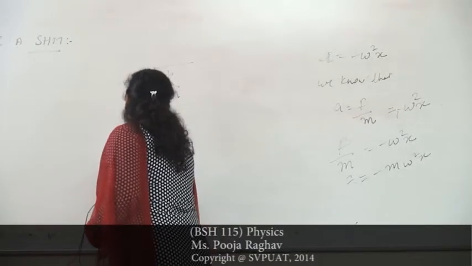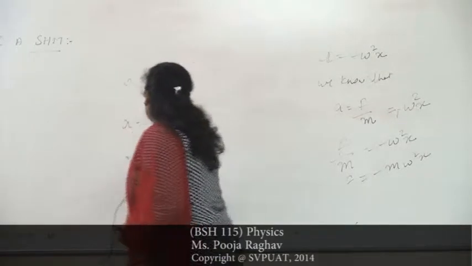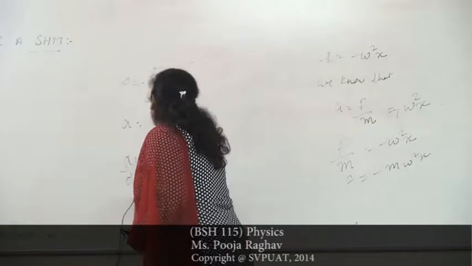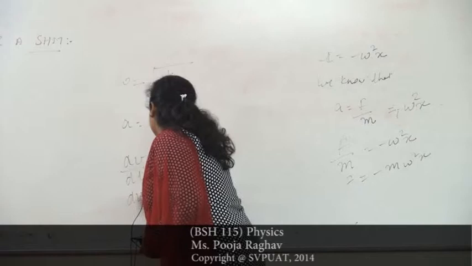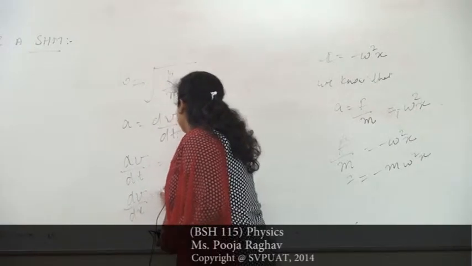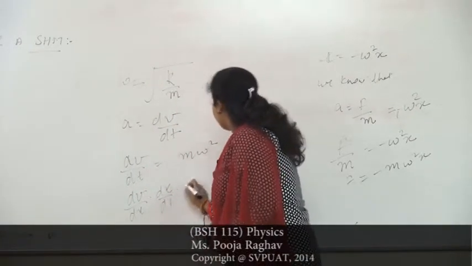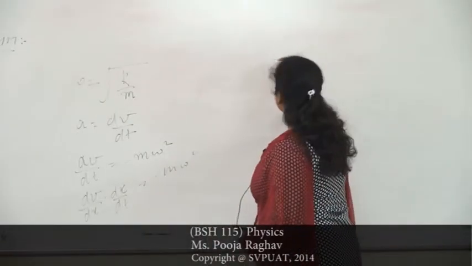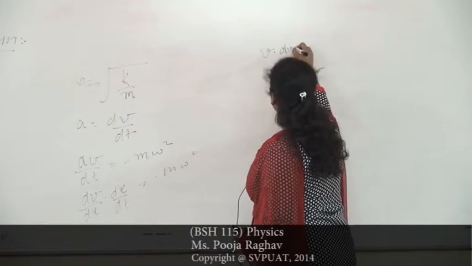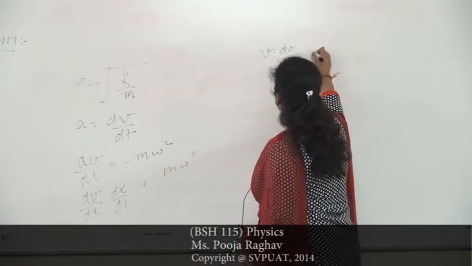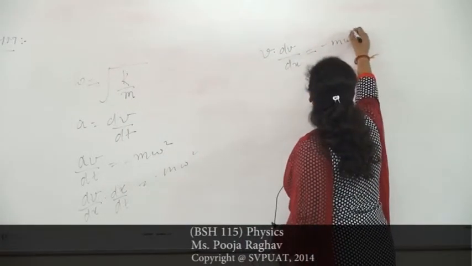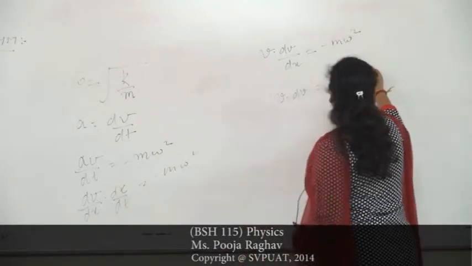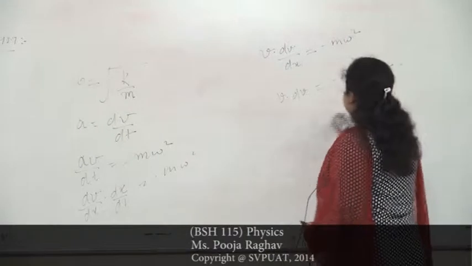Then dv over dt equals minus omega square x, which is dv over dx into dx over dt. Then we note dv equals minus omega square x dx.